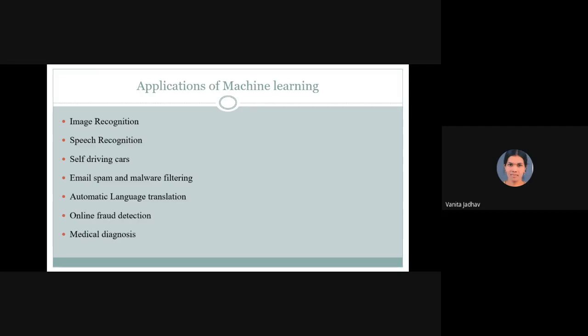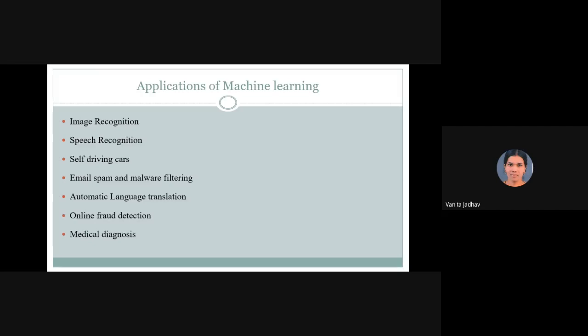And next is automatic language translation. This is also one of the most popular applications of machine learning. Nowadays, if we visit a new place and we are not aware of the language, it is not a problem at all. Machine learning helps us convert text into our known language.